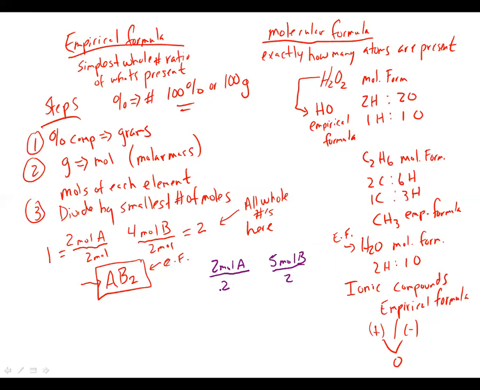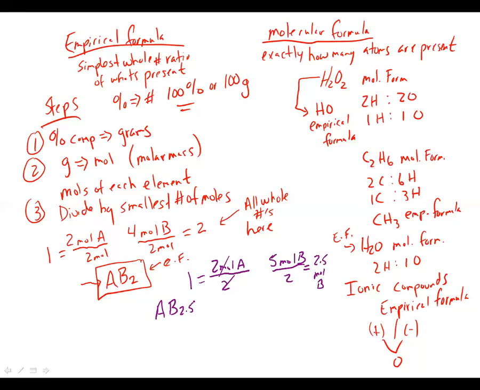When we divide by 2, we end up with 1 for A, and 2.5 moles for B, which would give us an empirical formula of AB2.5. And the problem with that is you can't have half a mole of something, right? Or half of an atom of something.